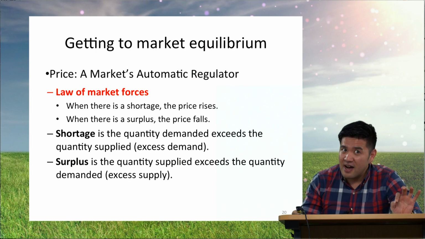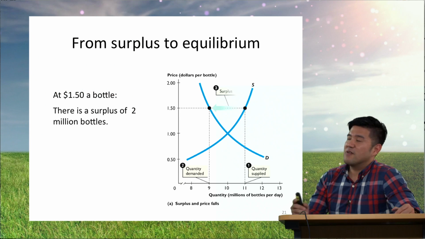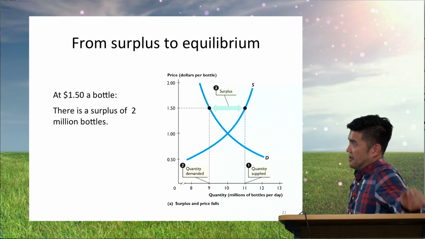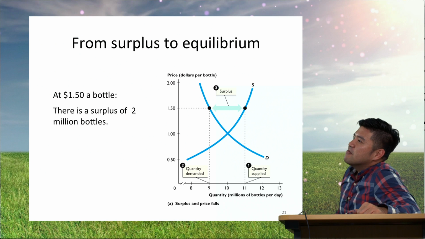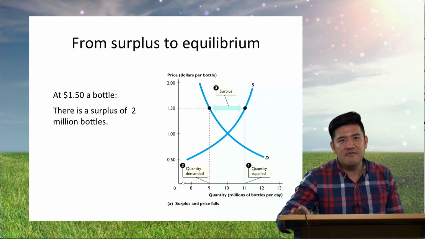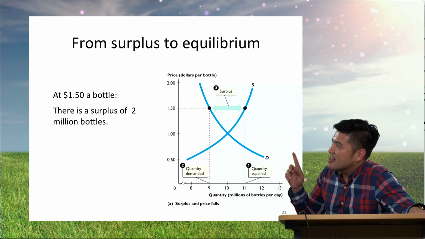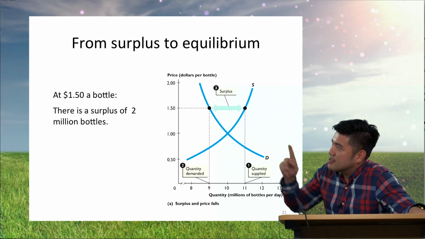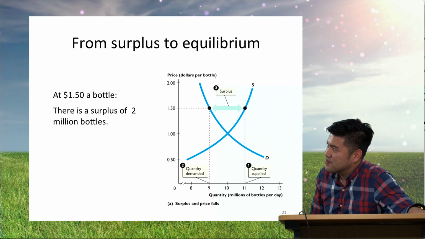Okay, let's formalize what we just discussed in the context of our figures here. What should be the equilibrium price, guys? What should be the equilibrium price or the market price? Look at the intersection between D and S. Should be at $1, right?